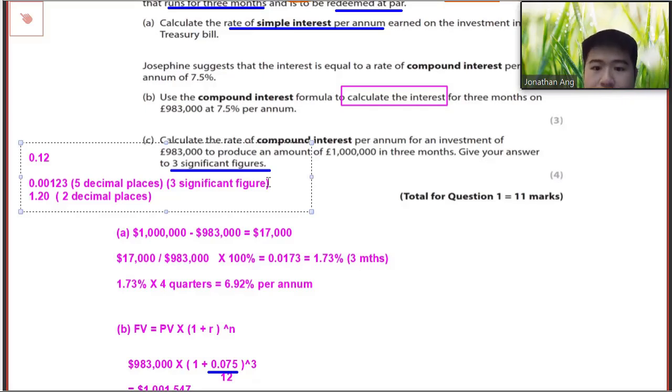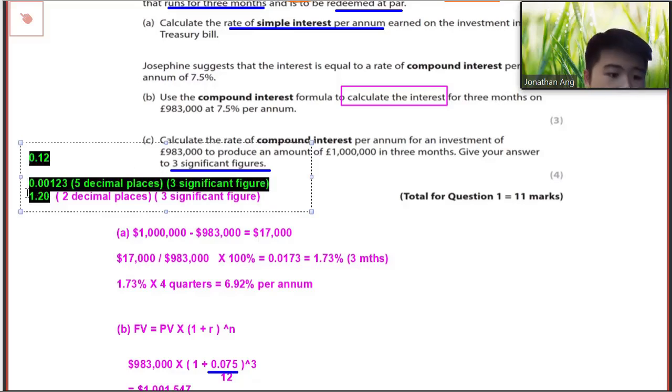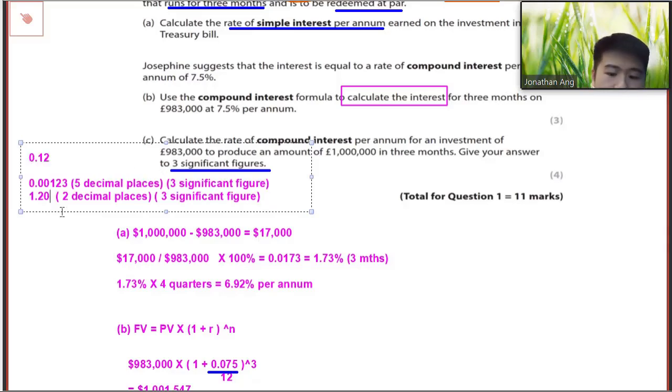But this is also 3 significant figures, because the first number itself is not 0, so you take these 3 as significant figures. But of course, if you change this one, you put it 1.2, it becomes 1 decimal place and 2 significant figures. So 1.20 is 2 decimal places and 3 significant figures. I hope you can understand it.